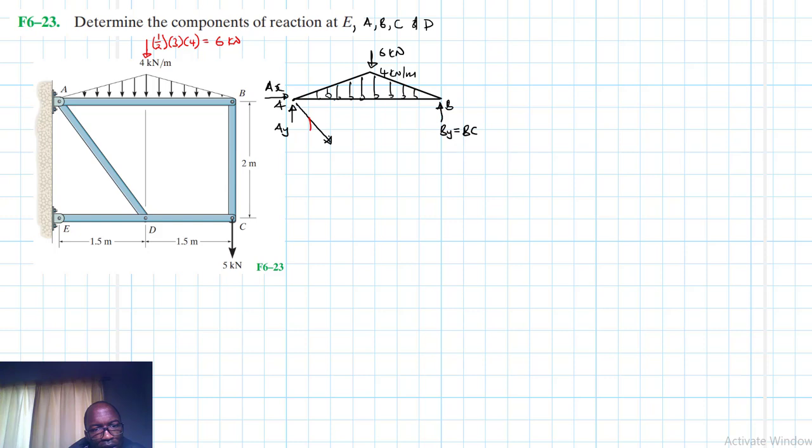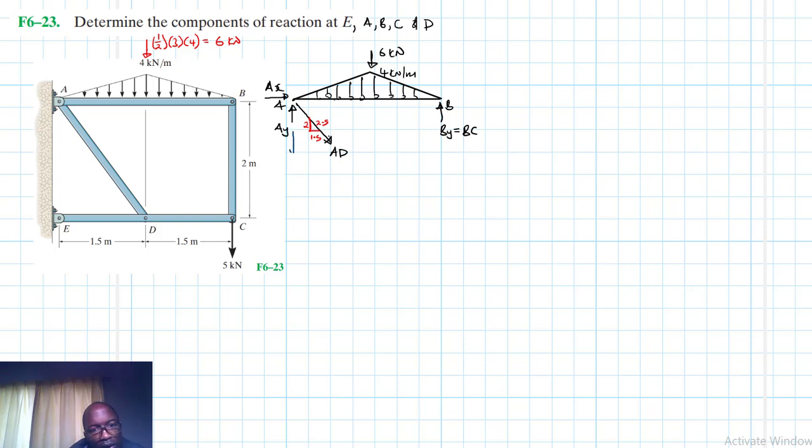We have a run of 1.5 and then a rise of 2, and therefore the hypotenuse is the square root of 2 squared plus 1.5 squared, which is the square root of 6.25. This becomes a 2.5 hypotenuse, and this is force AD, and it will have components.